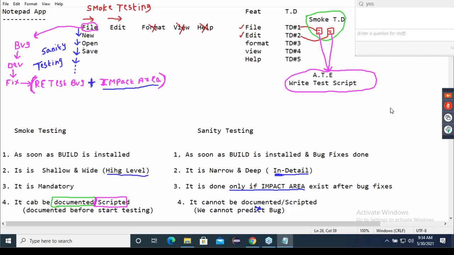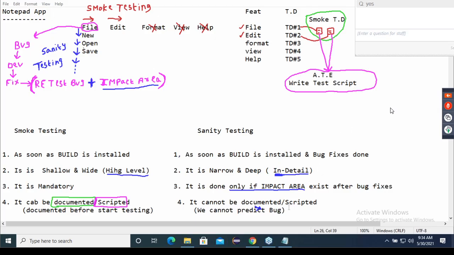Be ready with justification. Ranveer: sir, please repeat the last point. Ten minutes I've repeated the last point only. How easily you're asking. Someone is asking, is automation possible for sanity? What is your answer, guys? It is not a new question.